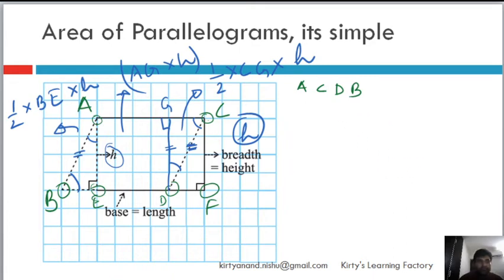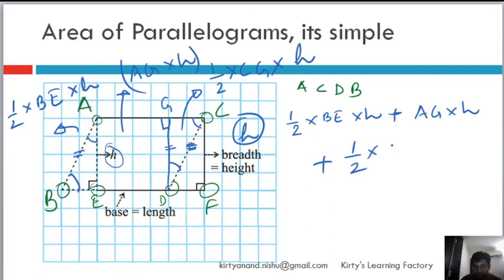The area of the parallelogram is the area of this triangle ABE, which is half into base BE into H, plus area of this rectangle AGDE, which is AG into H, plus area of this triangle DCG, which is half into GC, or CG, into H, right?